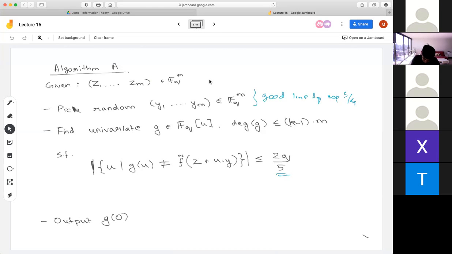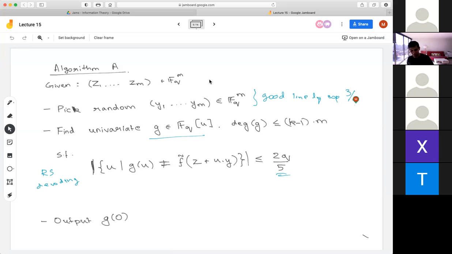So the goal is to find a univariate polynomial which has errors at most 2q/5 compared to f tilde. And this is just Reed-Solomon unique decoding, and then we output g0. And this algorithm succeeds as long as the line is good, so it succeeds with probability at least 3/4.